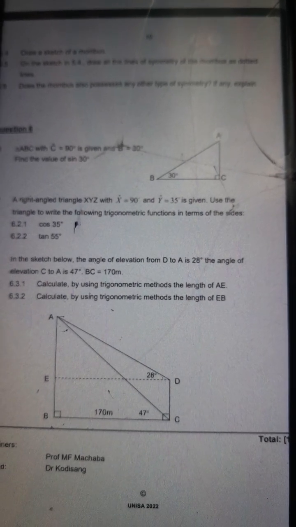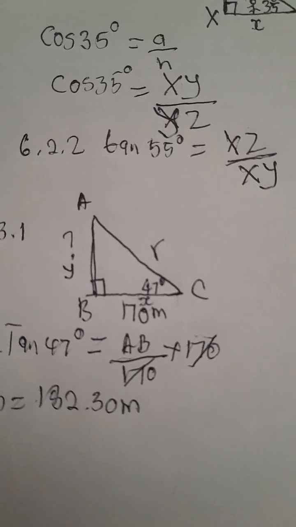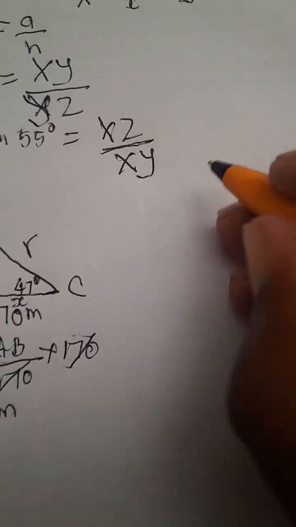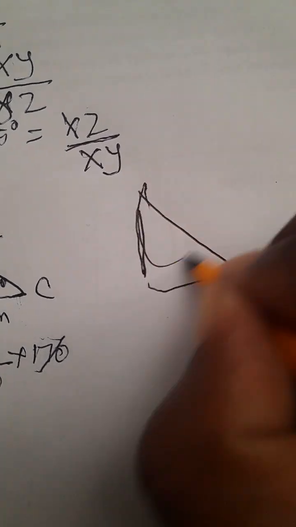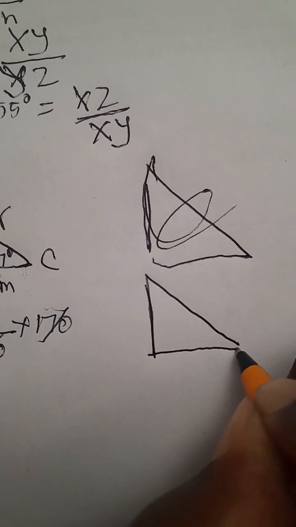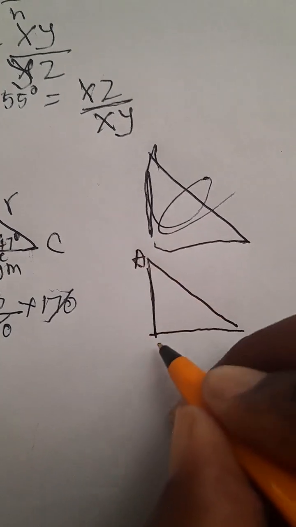Then let's now work on triangle AED. Use a ruler. Look at how ugly the sketch is. This is AEB.